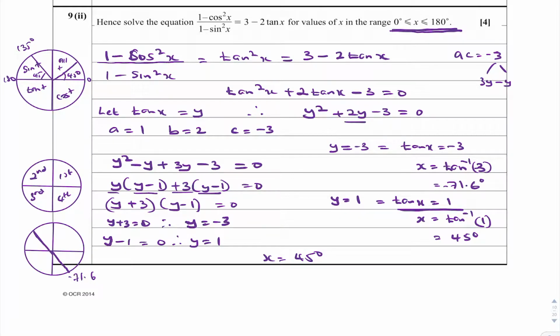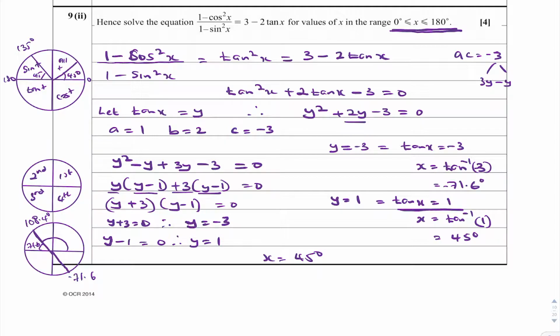So vertically opposite angle, so this one is 71.6 degrees, which makes this angle between there and there 108.4 degrees. So that's the angle we needed.